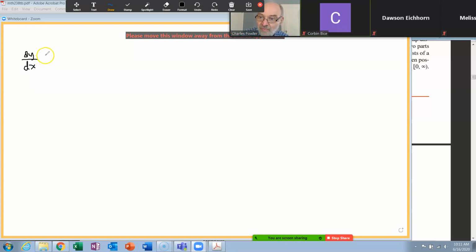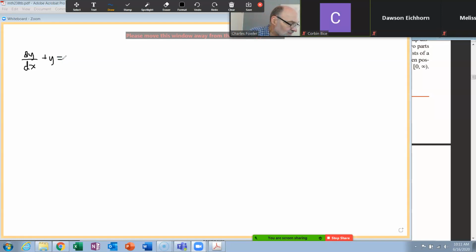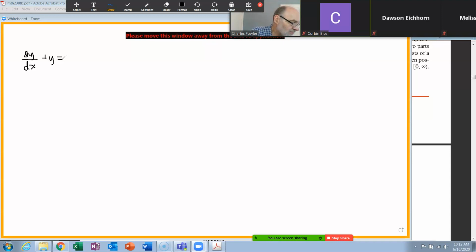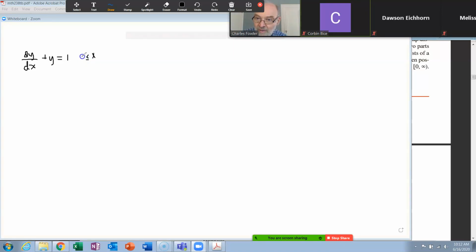dy/dx plus y is equal to, and rather than writing the piecewise part, the f of x as f of x and then saying what it is, let's just write the two equations. The first one is equal to 1, and this is true anytime that x is in between 0 and 1.